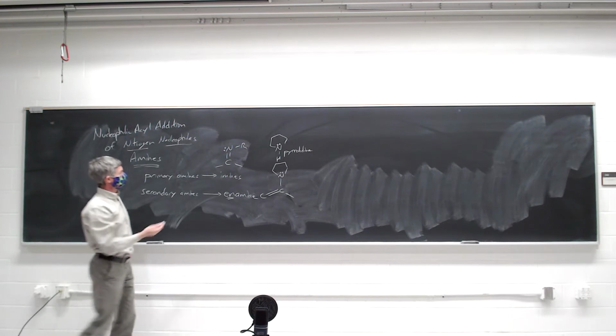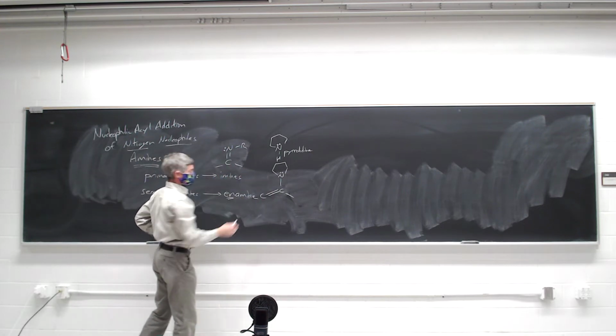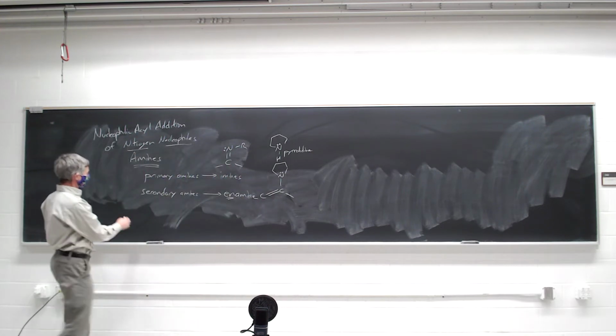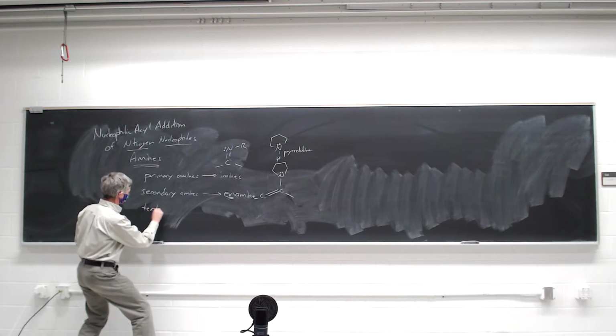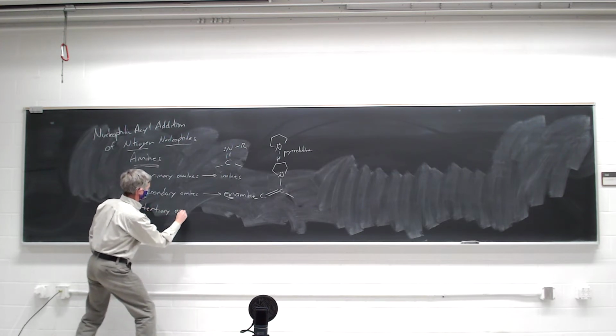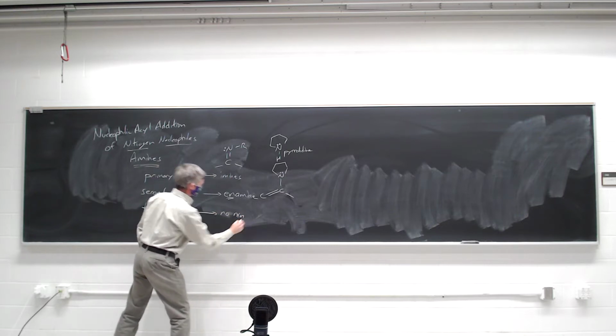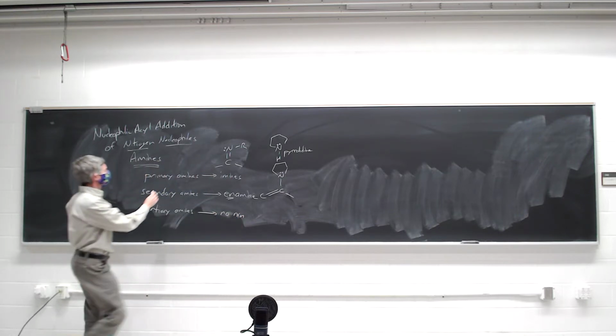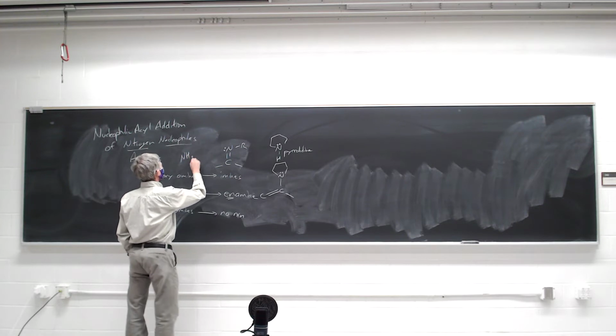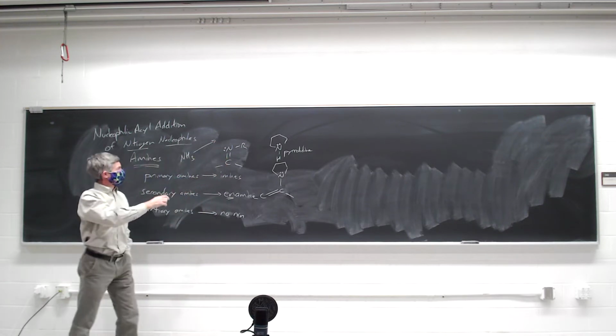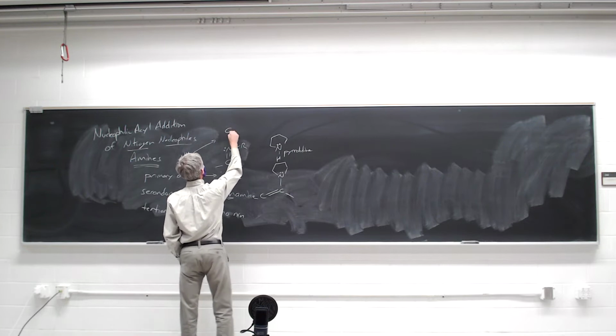And that's the difference between coming up with a carbon-nitrogen double bond and a carbon-carbon double bond in the product. Tertiary amine won't react. But ammonia will, to give you an imine, but one with a hydrogen on it.